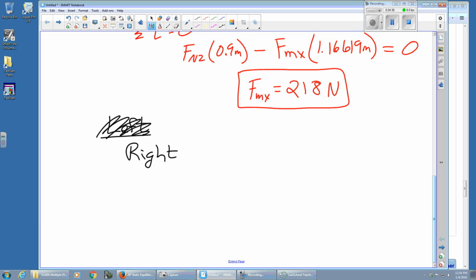And the way we're going to look at it is Fmx, force normal 2, and then the force that we want after that direction. So those can equal out, kind of doing a simplified free body diagram there.